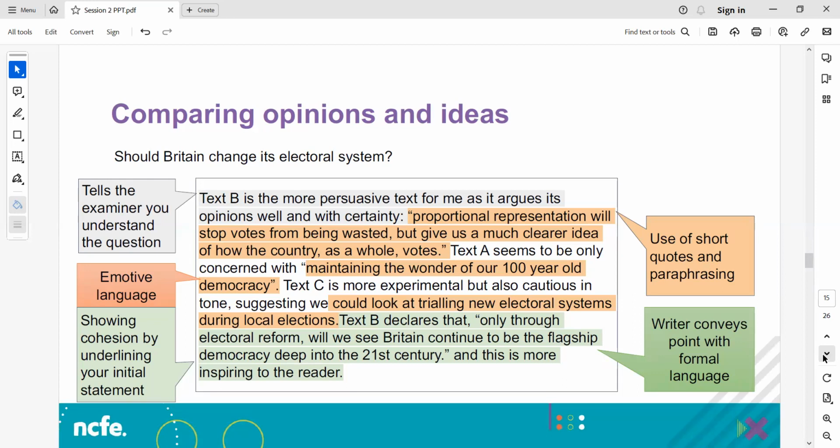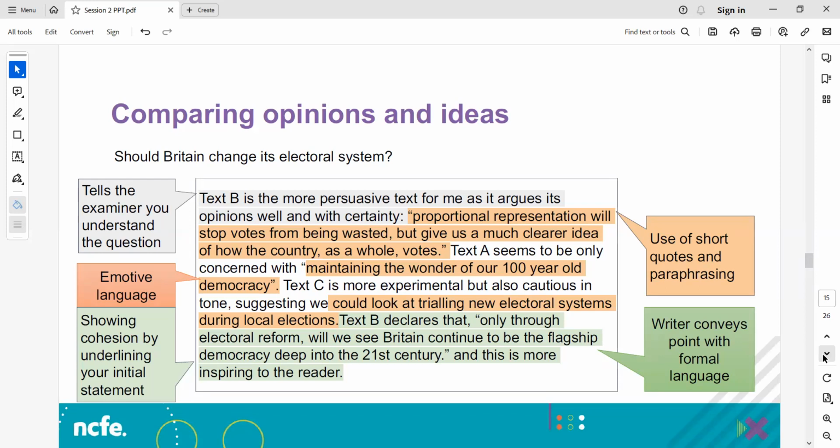Text A seems only to be concerned with maintaining the wonder of our 100-year-old democracy. Text C is more experimental, but also cautious in tone, suggesting we could look at trialling new electoral systems during local elections. Text B declares that only through electoral reform will we see Britain continue to be the flagship democracy deep into the 21st century. And this is more inspiring to the reader.